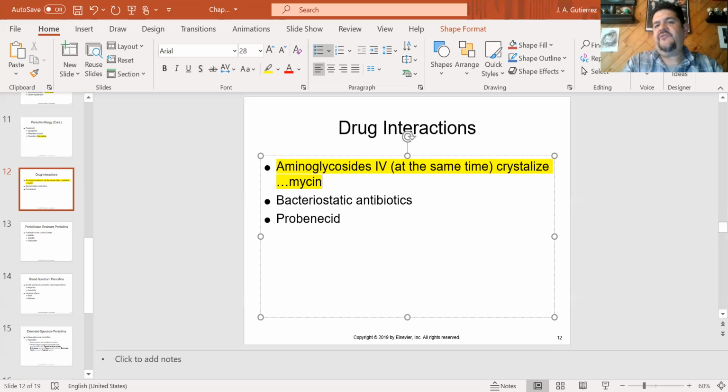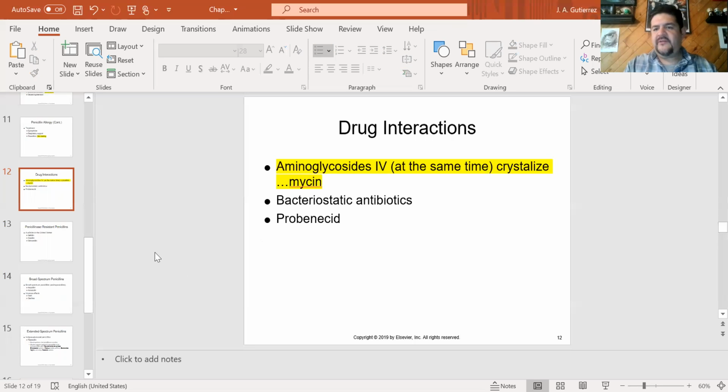You don't give the medication, you question the order, you tell your charge nurse about the interaction so they can call the doctor and change the time frame of the two antibiotics. One can be in the morning, the other at noon, no problem. The problem is at the same time. That'll be the most common drug interaction that you need to remember: aminoglycosides, medications that end in mycin, IV at the same time as penicillin, you cannot do that.